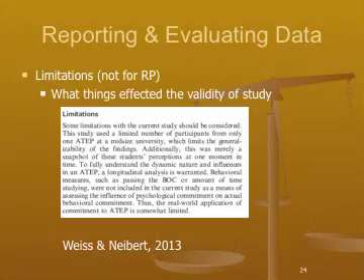And in the Weiss-Niebert article, they're just describing what shortcomings they had that can affect what we will call, in this class and in most statistical analysis and other research methods classes, if you ever took it before or will take it again, generalizing the findings of our study to the population as a whole.